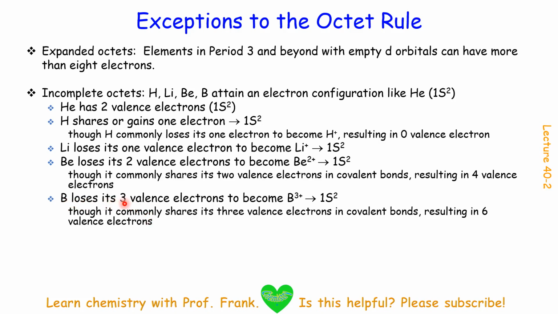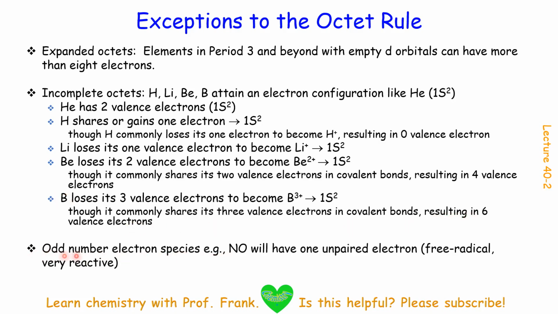When boron loses its 3 valence electrons, the resulting ion will have a 1s2 electron configuration. Although boron commonly shares its 3 valence electrons in covalent bonds, in that case, there are 6 valence electrons surrounding it. There are also odd-number electron species.